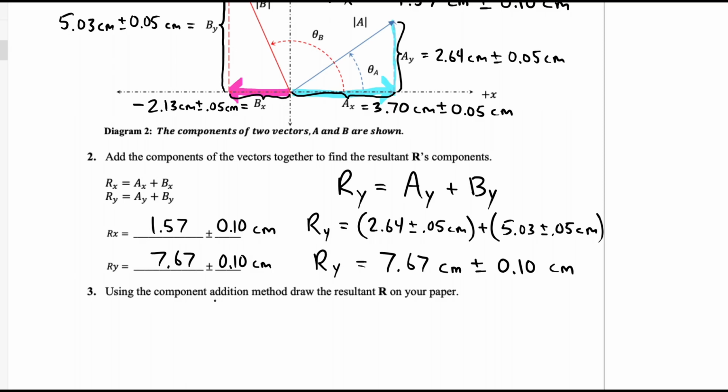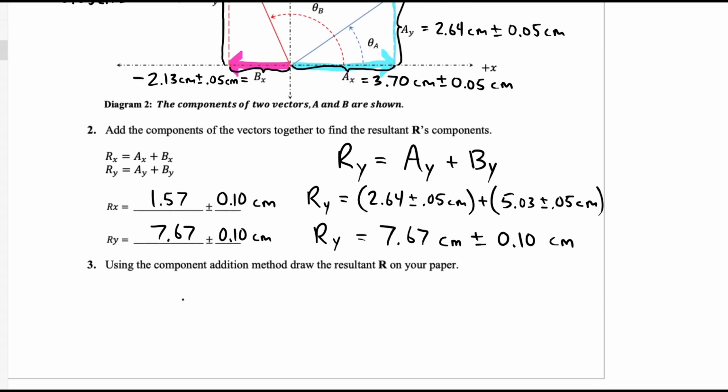Now it says use this component addition method to draw the resultant R on your paper. So basically what I want to do on my paper is go to the right an amount of Rx, and that's going to be 1.57 centimeters.